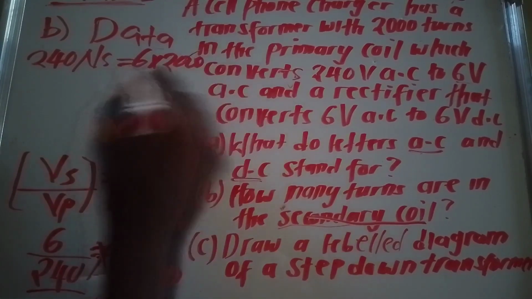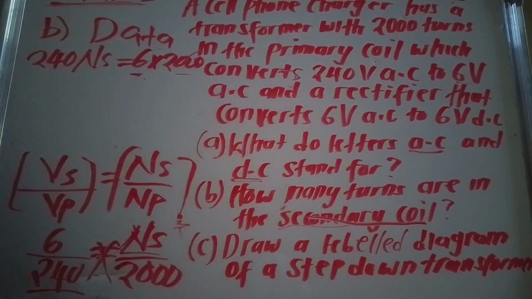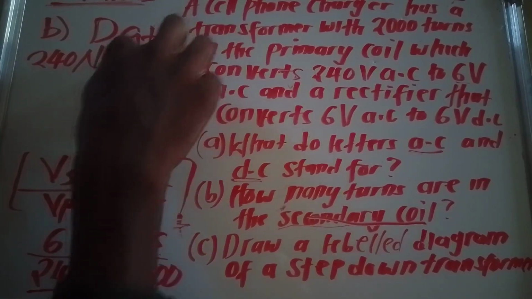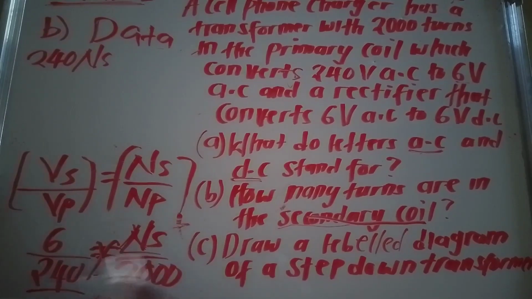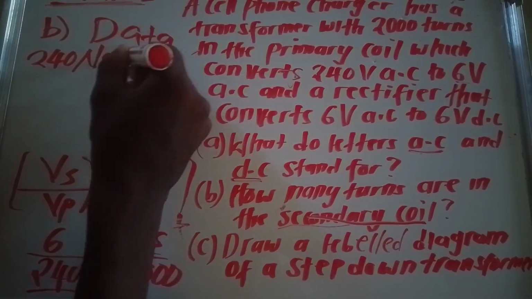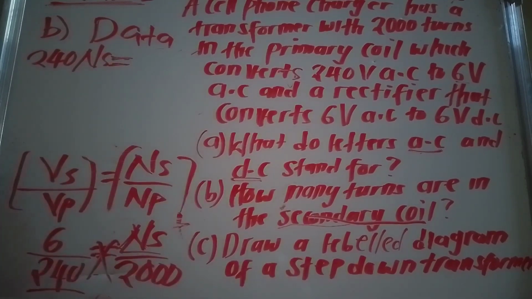This is the best way of solving some questions in case you are dealing with mathematics paper 1. In case you have reached this extent, because if you multiply these numbers directly, 6 times 2000, you are going to find that it will be very difficult for you to come up with an answer.